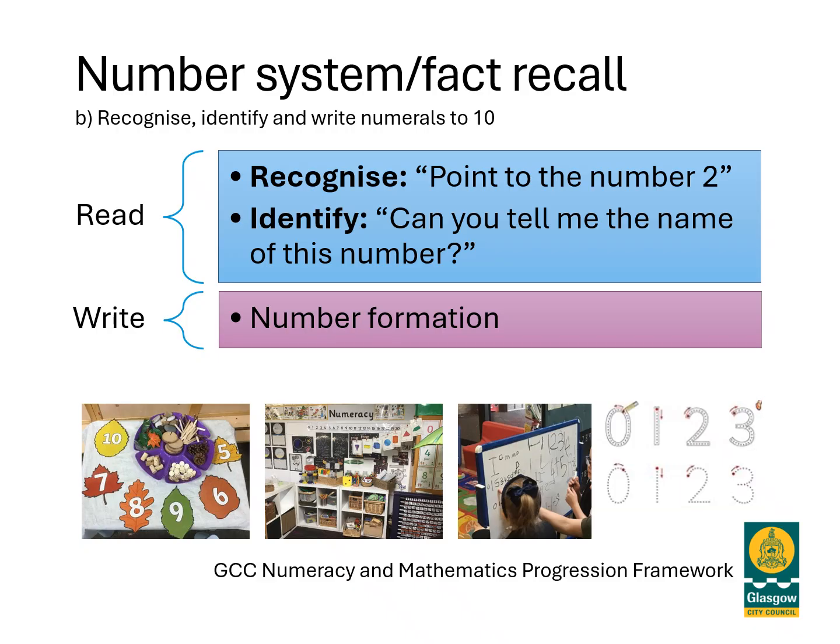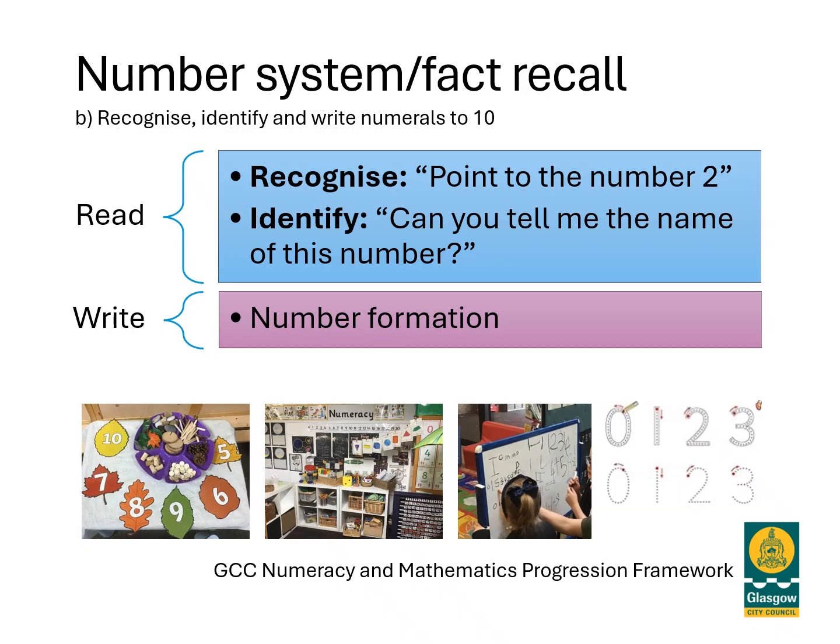The phonics analogy is helpful here because to be confident with numerals, the shape of numbers, if you like, pupils need to link that squiggle on the page with the word they've been saying in the sequence. They need to practice both recognizing numerals, so if they have numerals in front of them, being able to correctly point to a number on request, so can you point to the number 2?